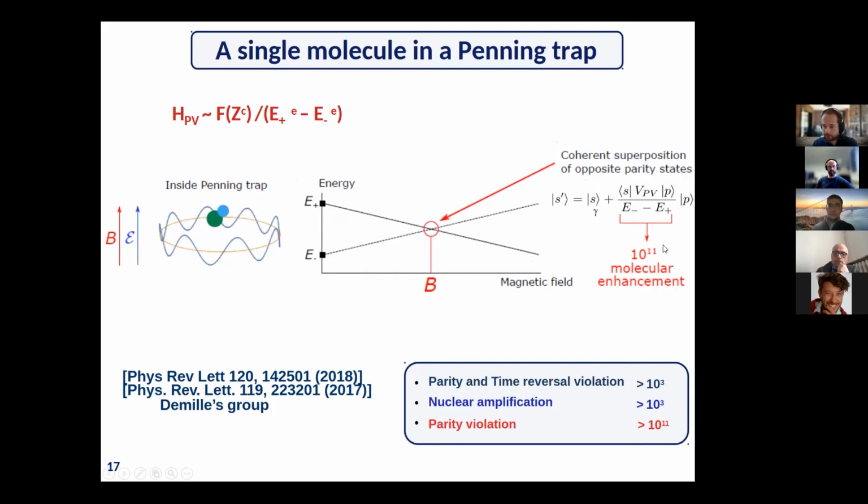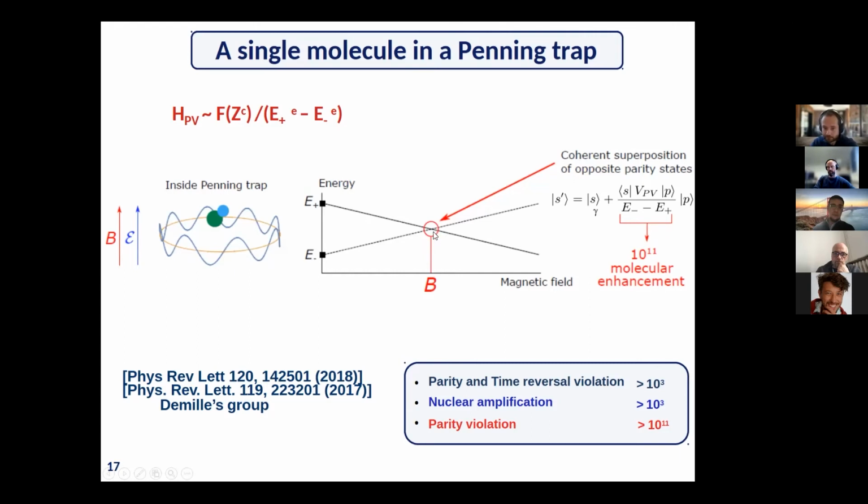And groups like David Emil's have proved that this enhancement can be more than 10 to the 11 orders of magnitude. So this was quite exciting for us because an enhancement of 10 to the 3, 10 to the 6 is great, but 10 to the 11 is really telling us that what we thought would be impossible can be very possible with molecules. So then we joined efforts with David Emil, and the idea is that we're building a Penning trap. And a Penning trap seems like a quite ideal device for this because we can tune it.